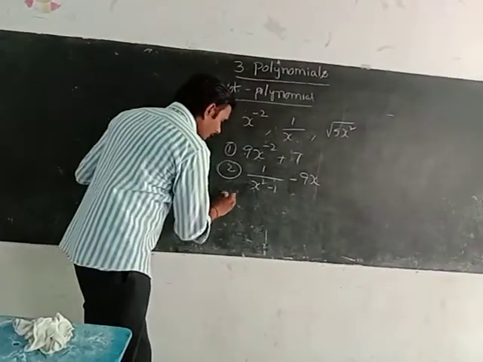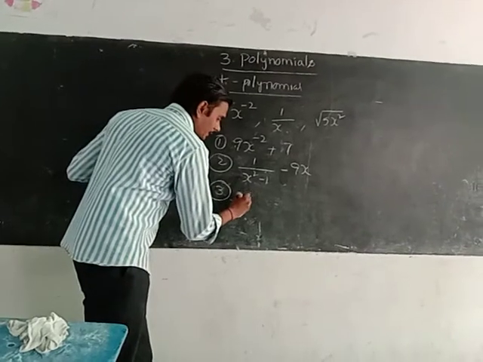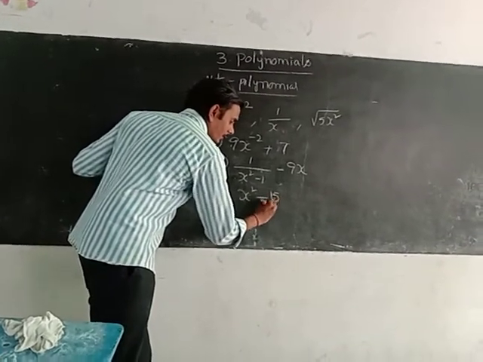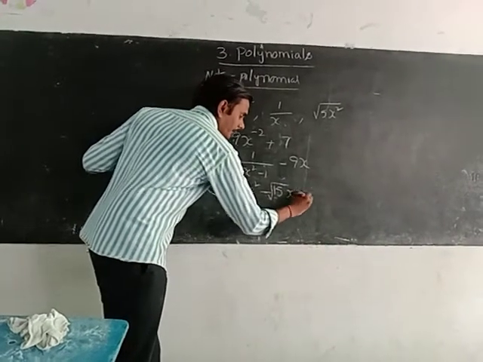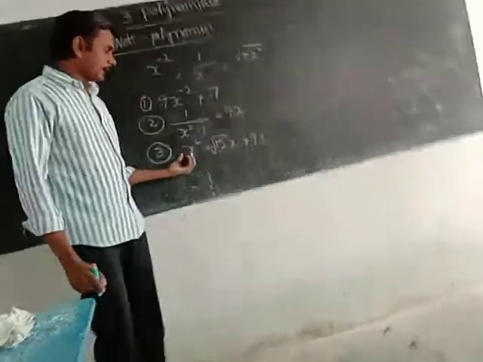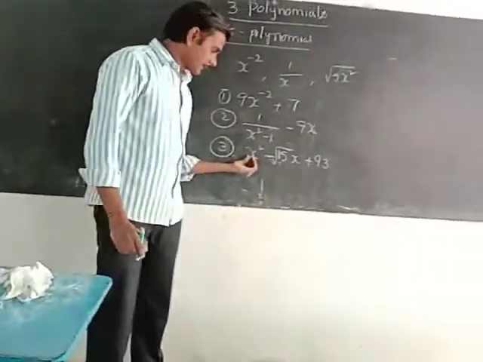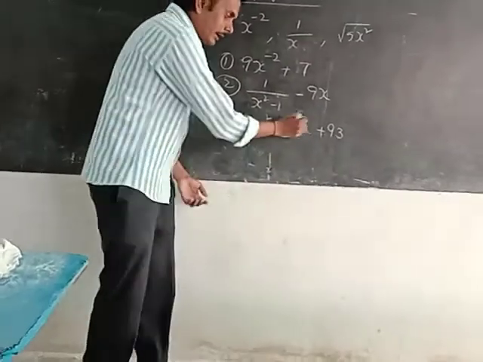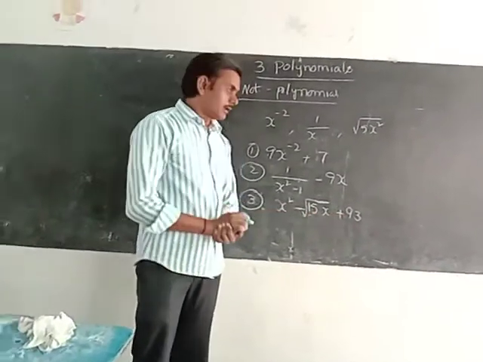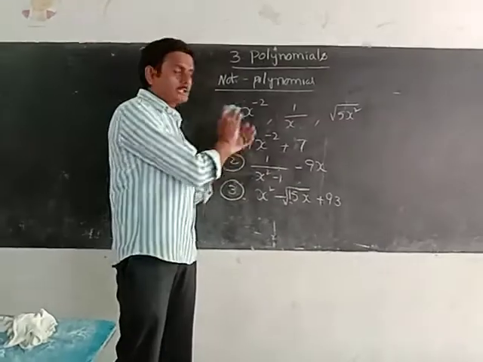And the third condition. Consider one expression: x square minus root 15x plus 93. I take one expression here. x square minus root 15x. Under the root we have a variable. Then this is not a polynomial. These three conditions we have to remember.